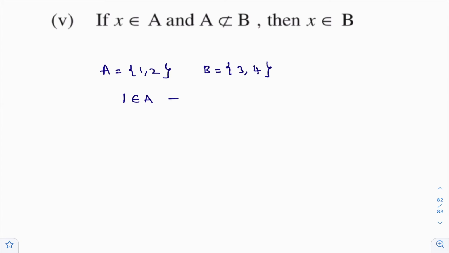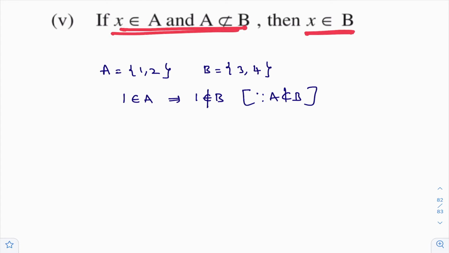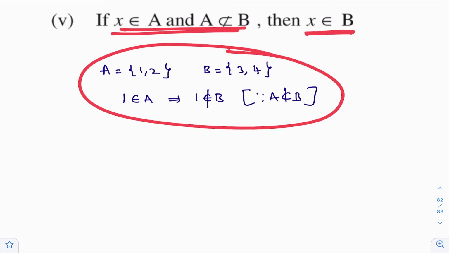You check it. 1 is there in B, since A is not a subset of B? No, 1 is not there in set B. What happened here? X does not belong to B, we got. As per this, I found one example such that 1 does not belong to B, right?